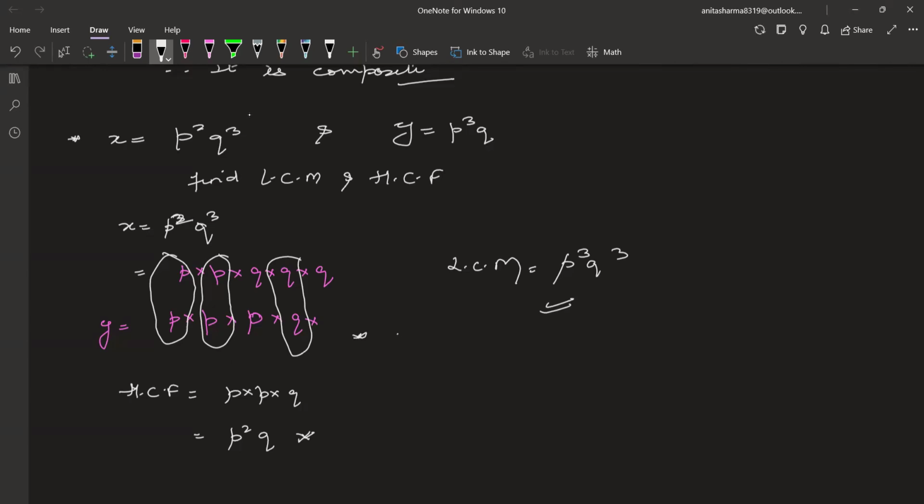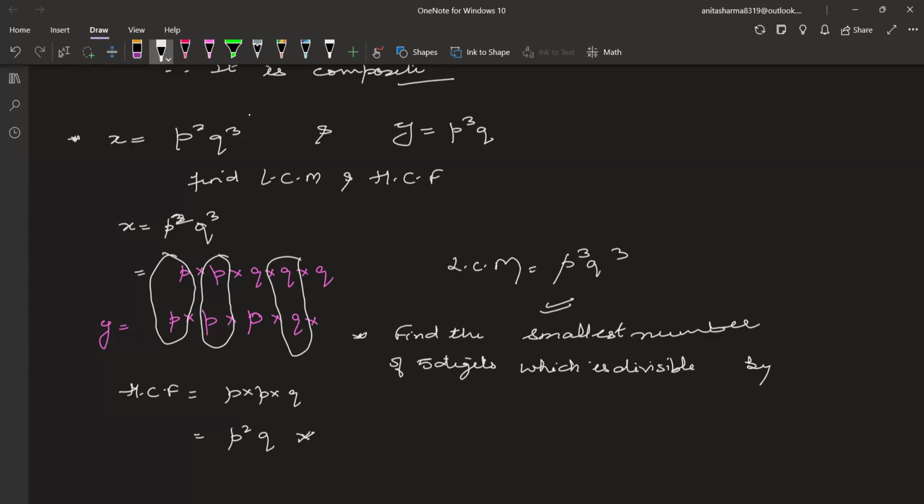Sometime they can ask you, in MCQs only, find the smallest number of 5 digits which is divisible by 24, 60 and 90.